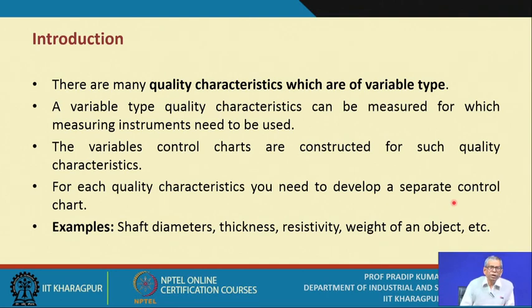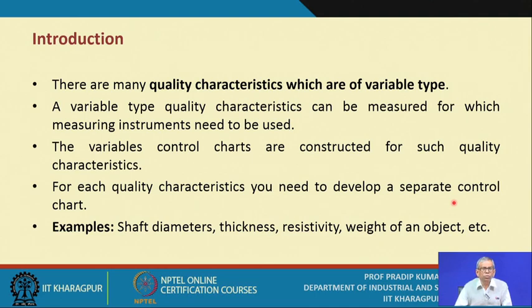And usually in manufacturing situations, when you deal with many kinds of parts, components, obviously we will be dealing with various types of the quality characteristics which are of the variables type. So obviously it may not be necessary or may not be possible to construct control chart or recommend control chart for each of the quality characteristics.